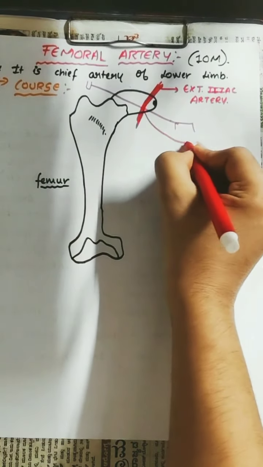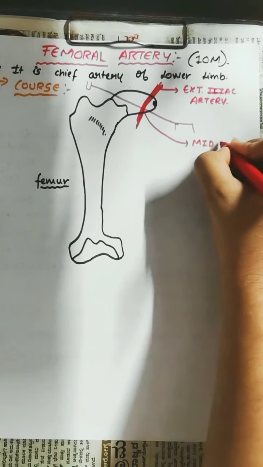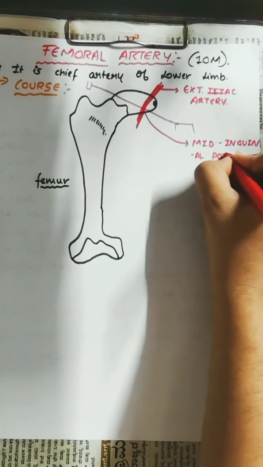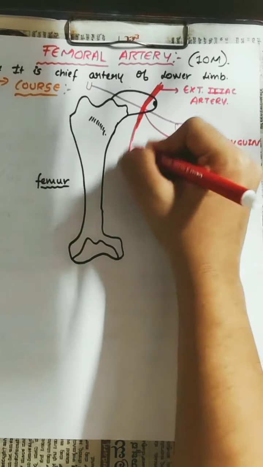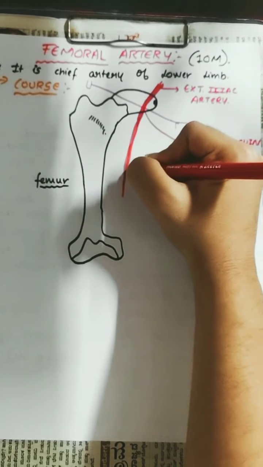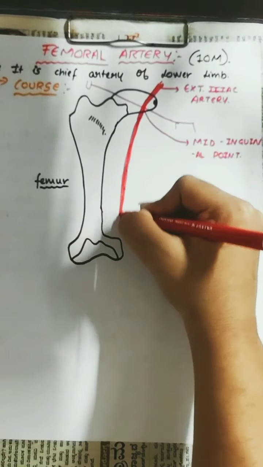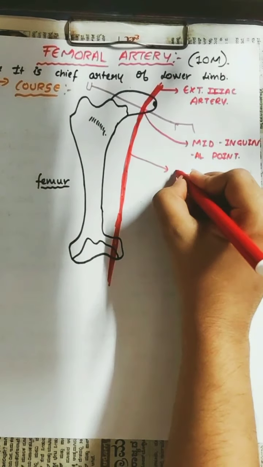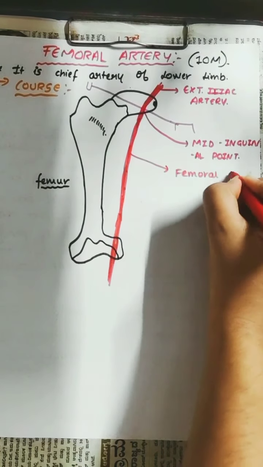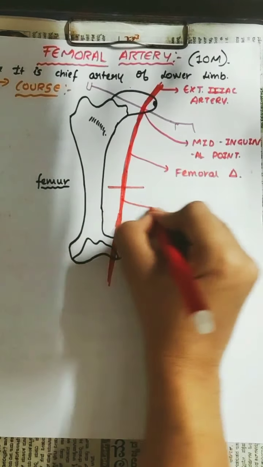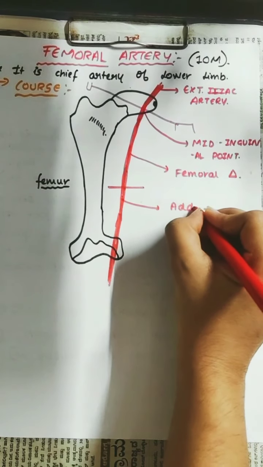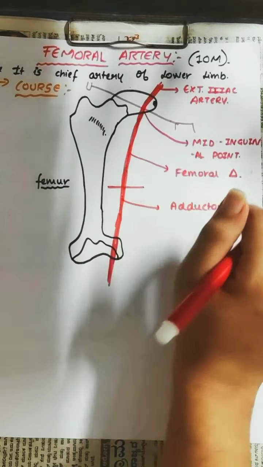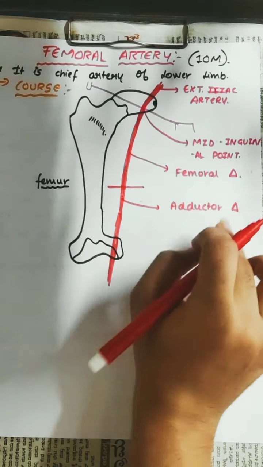It passes through the mid-inguinal point, which further continues in the femoral triangle and also in the adductor triangle. We have spoken about the femoral triangle and adductor triangle; I'll be explaining them in the upcoming videos.